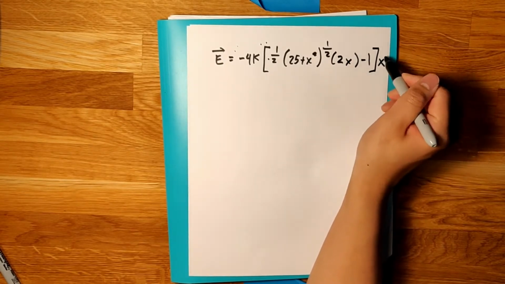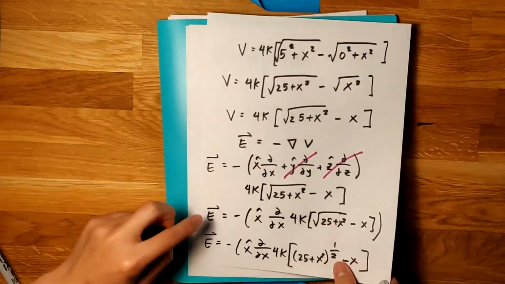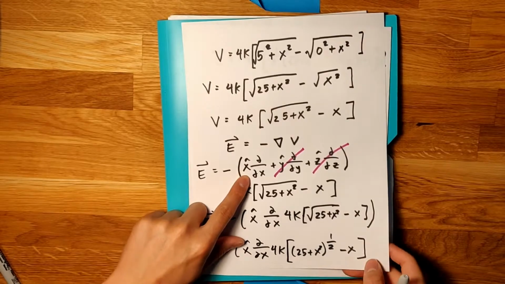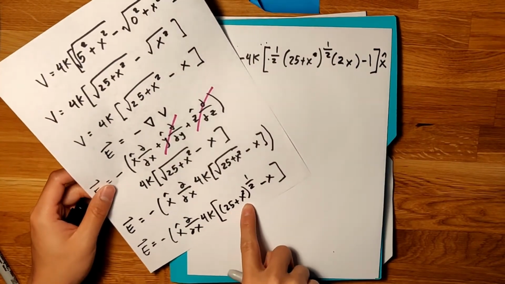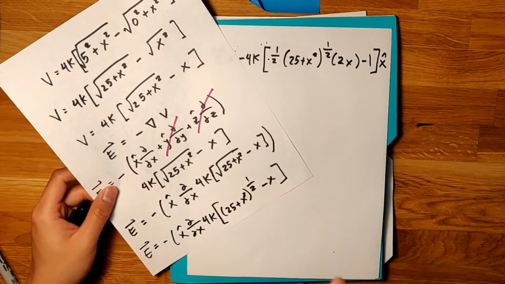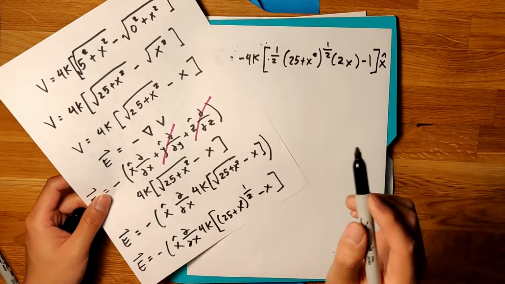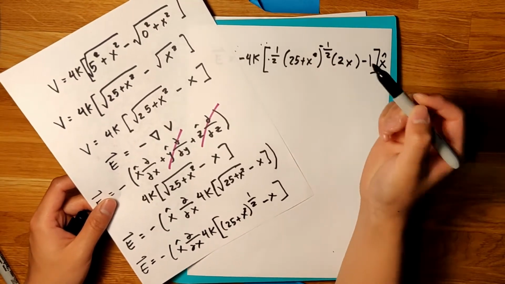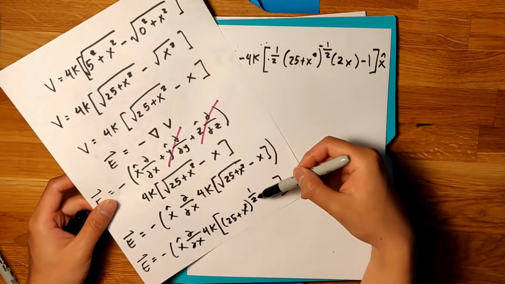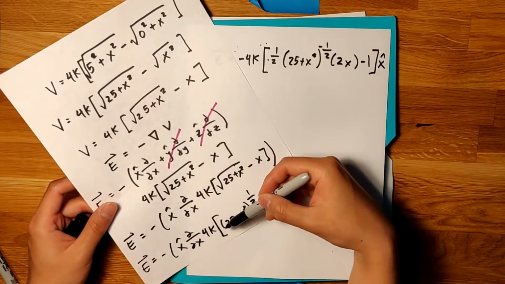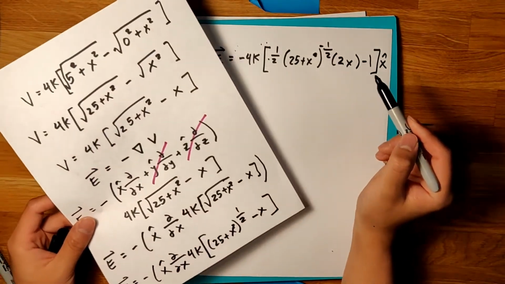And don't forget the x hat direction. The x hat came from taking the gradient, and this came from taking the derivative of (25 plus x squared) to the 1/2. Again, this is negative 1/2, simply from subtracting 1 from 1/2 and bringing it down, and then taking the chain rule of x squared, which is 2x.